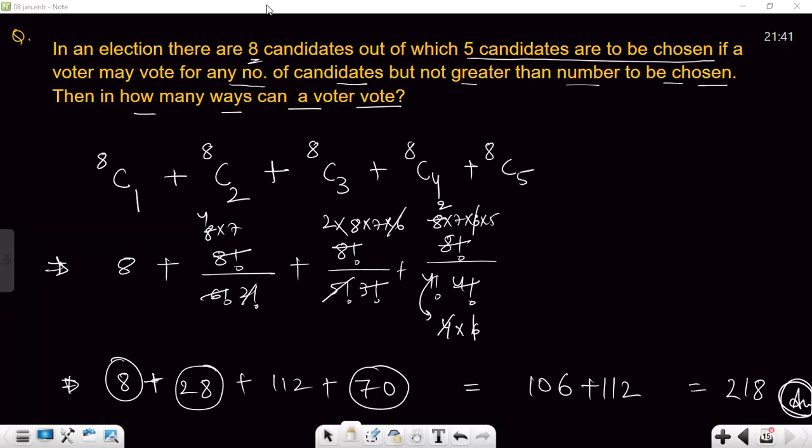Guru Charan, is the question clear? Yes, sir. Then please, can you unmute yourself and explain what the question is asking?